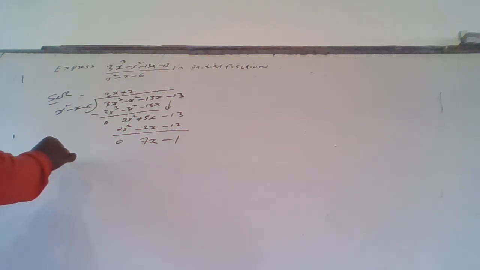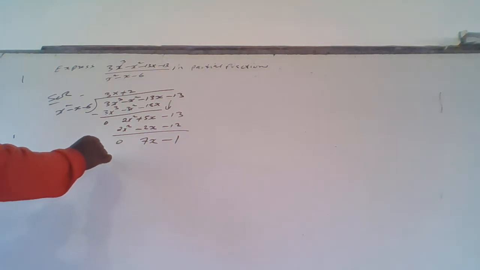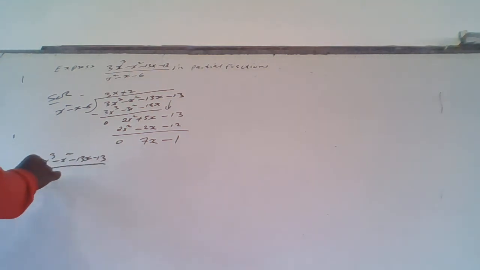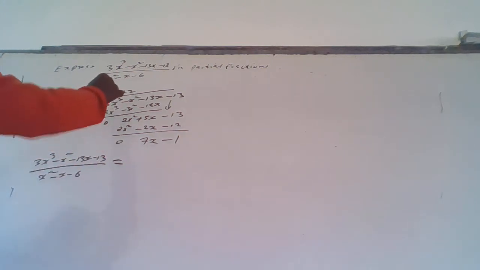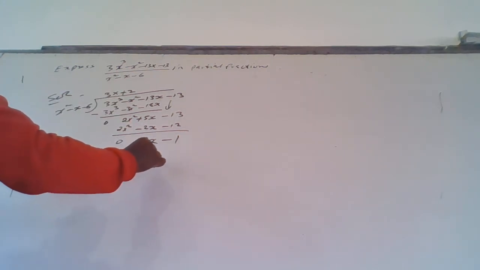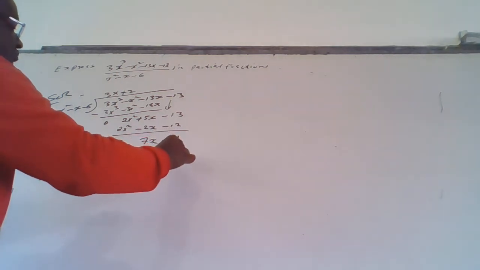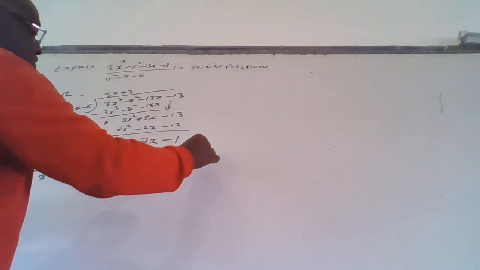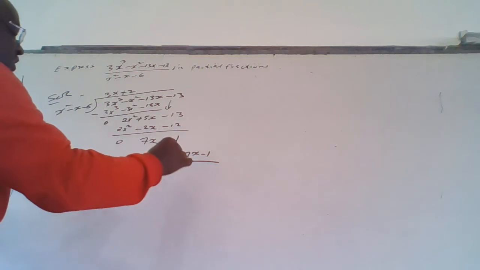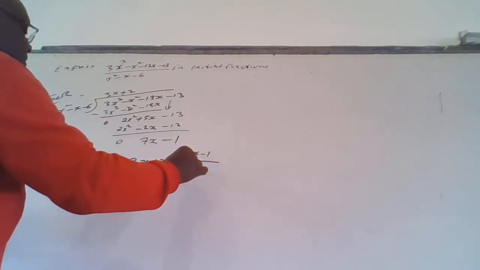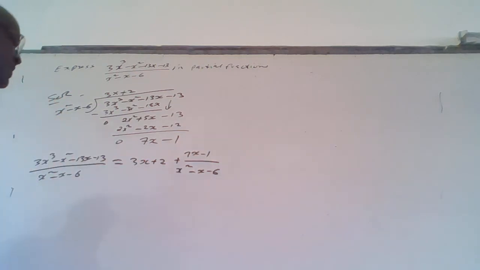Therefore, what we are saying is that (3x cubed minus x squared minus 13x minus 13) all over (x squared minus x minus 6) equals 3x plus 2, plus (7x minus 1) over (x squared minus x minus 6).